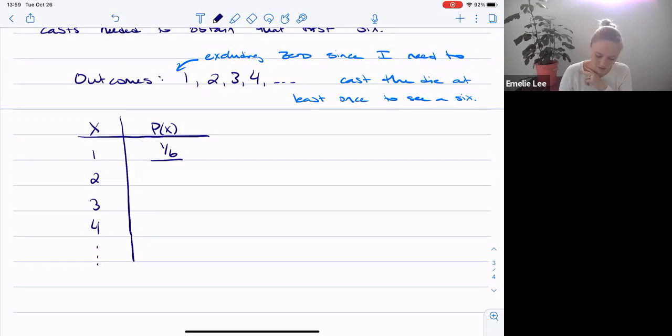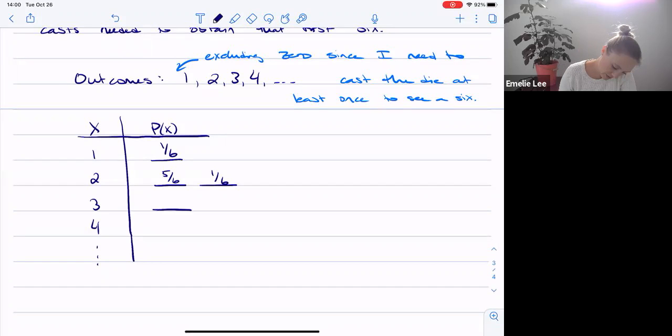Now I've thrown the die 2 times, and I know because x equals 2 that I saw something other than a 6 on the first throw, which has a probability of 5 in 6. So I threw it again, and on the second throw, I saw a 6 with a probability of 1 in 6.